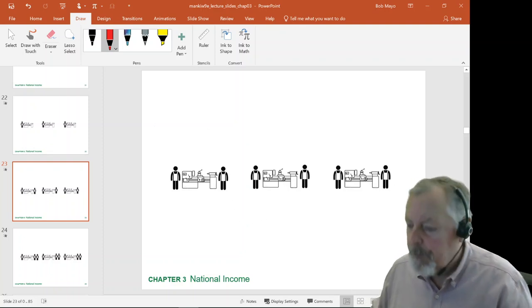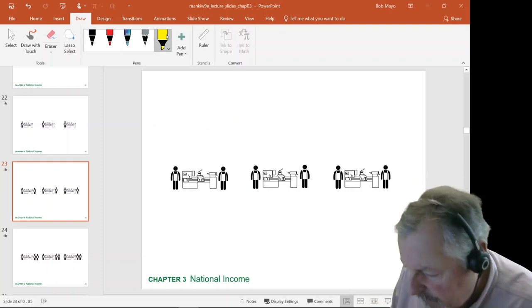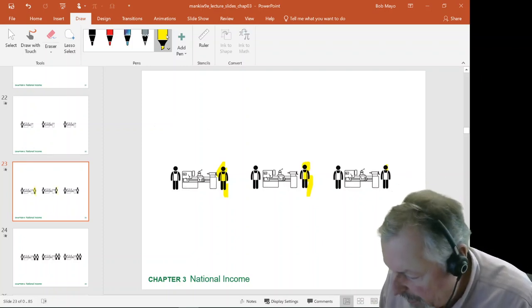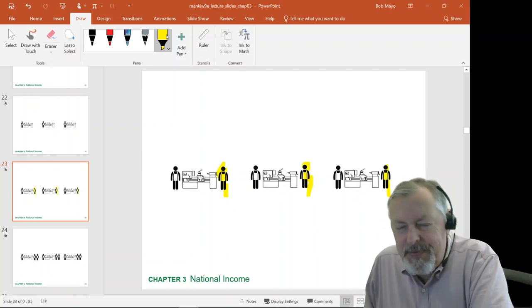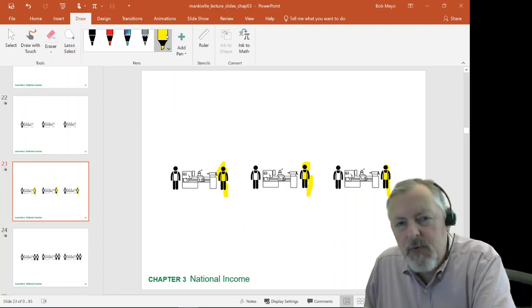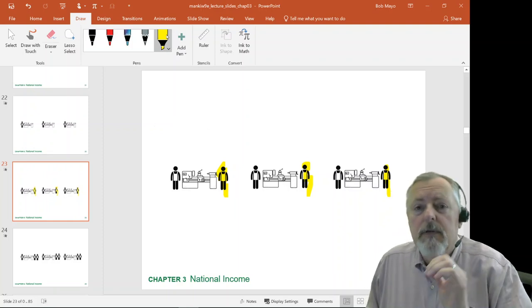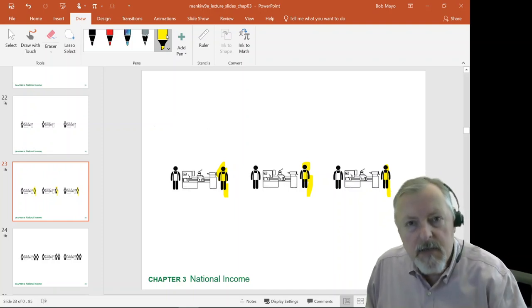Well, hiring them does not increase production that much because it takes 1 person to run a machine. It does, however, increase production some.